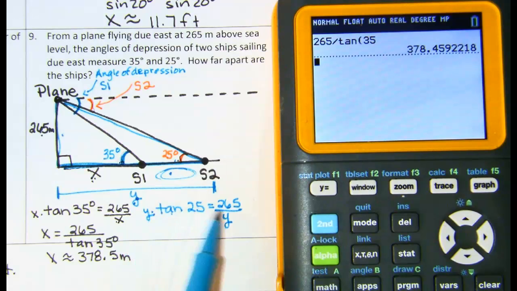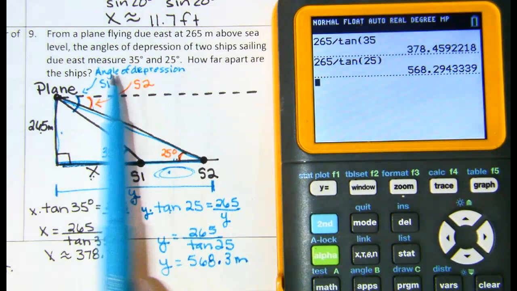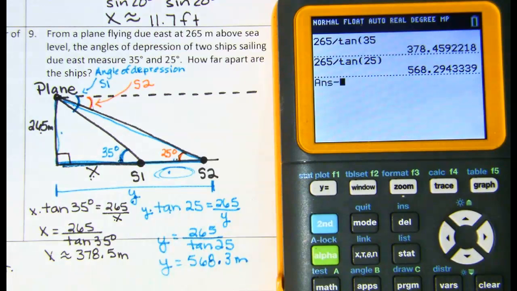Cross multiply, divide by tangent, y equals 265 divided by tangent 25. On the calculator that gives us, granted it's a bigger number as it should be, 568.3 meters.